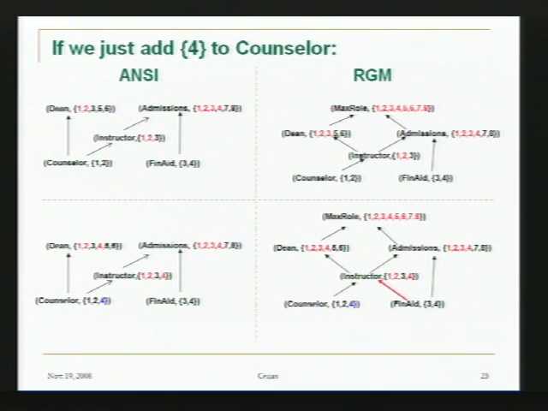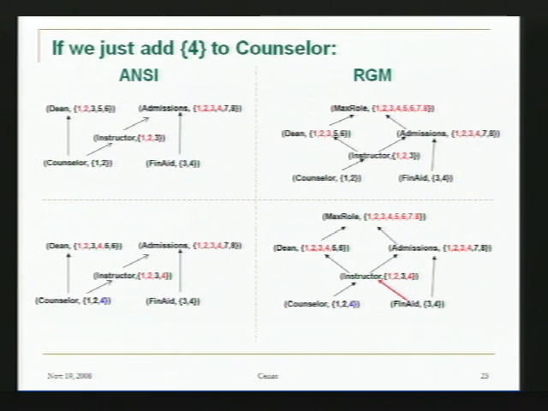All right. Now, if we look at just inserting one of those two permissions into the counselor role, the role graph model can handle that, but then we discover that the financial aid role is a proper subset of it, so we draw that red edge in the bottom right of the picture.